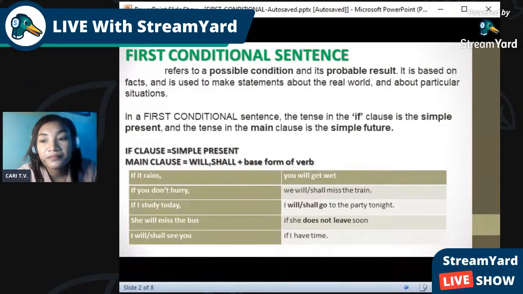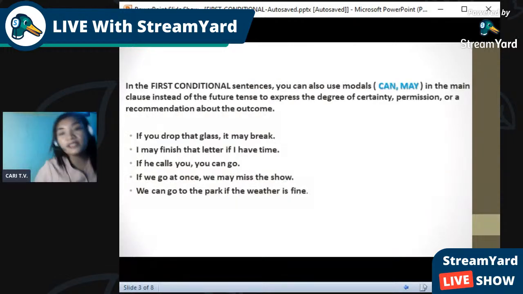Next, in the first conditional sentences, you can also use the modals can and may. Both can and may can be used instead of the future tense to express the degree of certainty, permission, or a recommendation about the outcome. Examples: If you drop that glass, it may break.